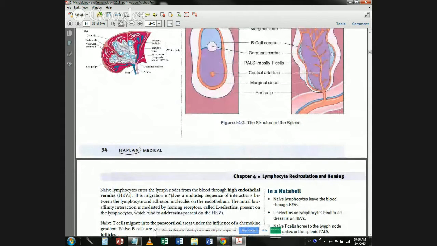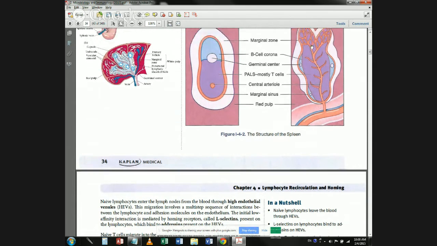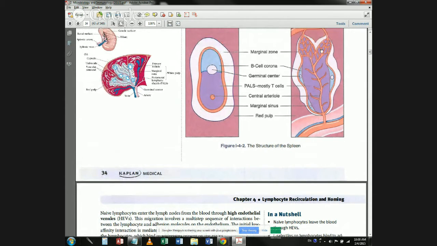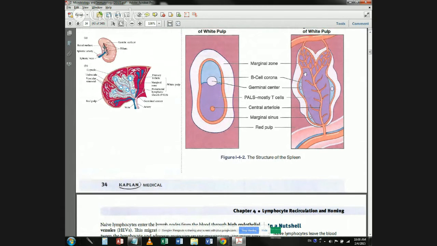This migration involves a multi-step sequence of interactions between lymphocyte and adhesion molecules on the endothelium. Okay. So blood's coming, goes through the PALS and whatever, but anyway, you end up with all these tiny little venules, and these are really high endothelial venules right there. But how does it enter?